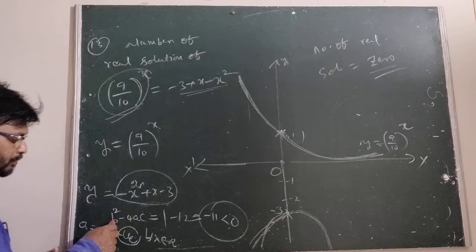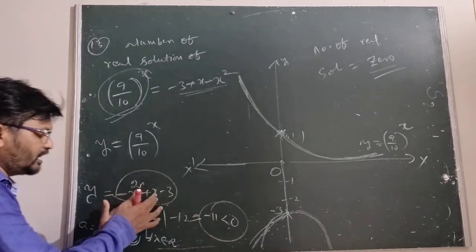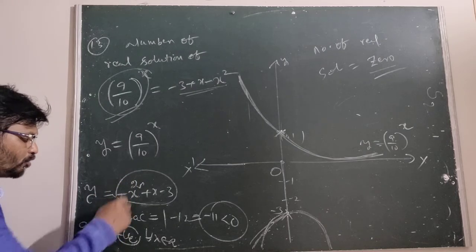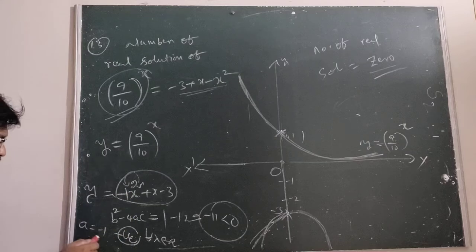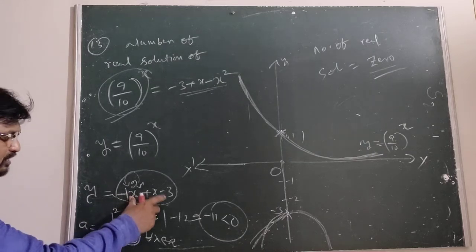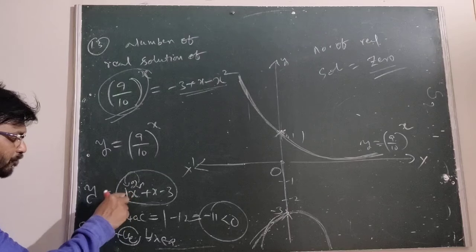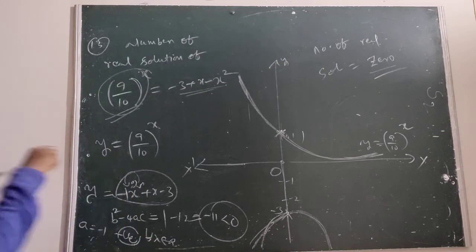Why? Because when the discriminant is less than 0, the sign of the expression always depends on the coefficient of x². Where the coefficient of x² is negative, the given expression is negative for any real number. If the x² coefficient is positive, the given expression is positive for any real number.